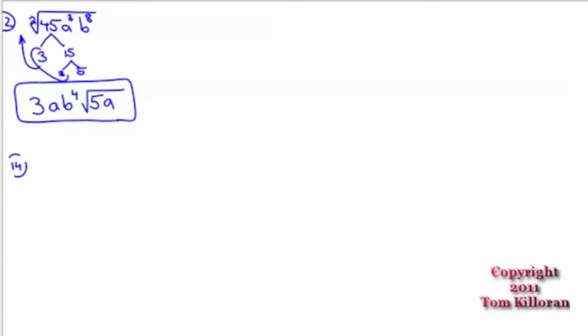14. The square root of 24 x y to the 8th z to the 3rd. If you do enough of these, you can look at it and know exactly what the answer is, but you have to do a ton of them. So, what's the smallest number that goes into 24? 2, and 12.